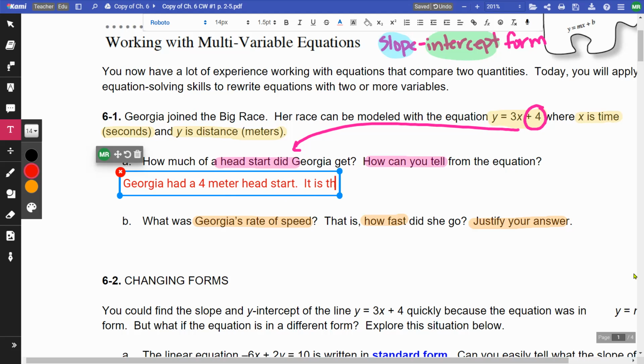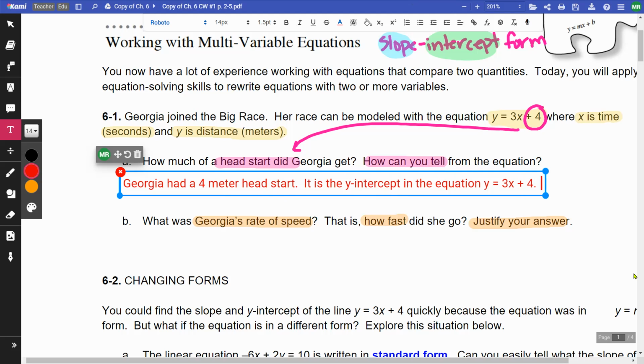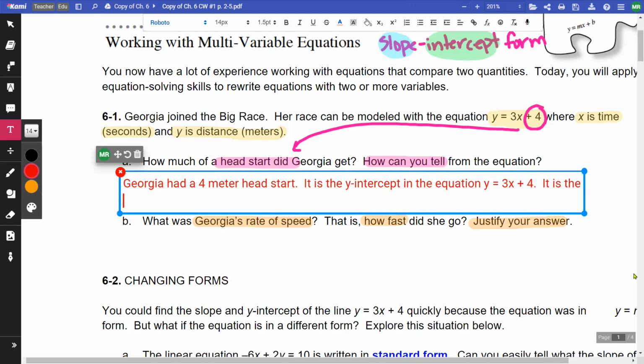It is the y-intercept in the equation y = 3x + 4. It is the number without the x, called the constant. That's what we call it.